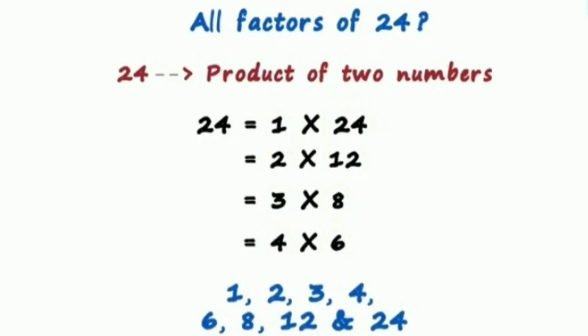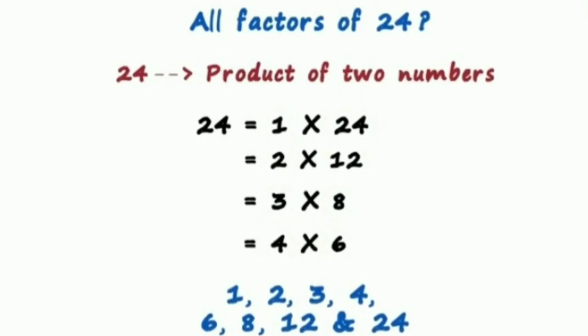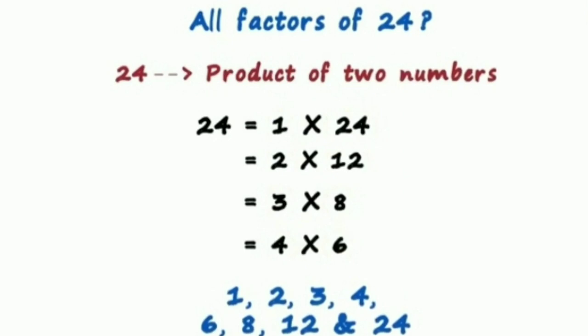Again, moving on to the table of 6, we found that 6 into 4 is equal to 24, which is similar to 4 into 6. So our possibilities are done till here. So we have found the factors of 24 as 1, 2, 3, 4, 6, 8, 12 and 24. So the concept is clear to you.